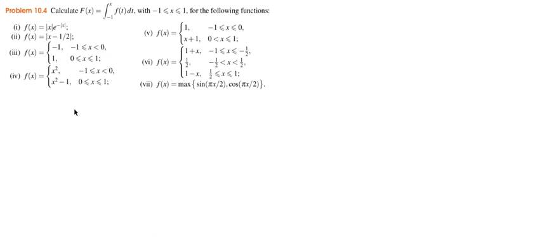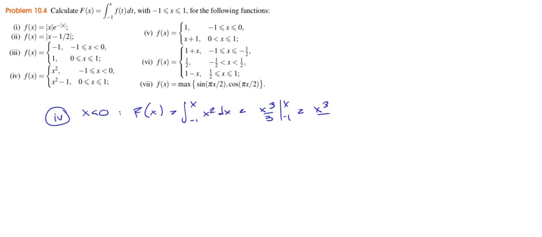Part 4. f is x squared whenever x is between minus 1 and 0, and x squared minus 1 whenever x is between 0 and 1. Okay, so if x is less than 0, f is going to be the integral between minus 1 and x of x squared. So this is x cubed over 3 between x and minus 1, x cubed over 3 plus 1/3.